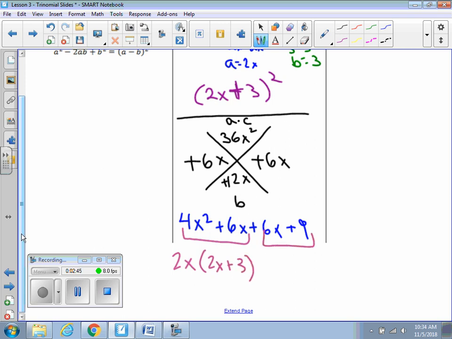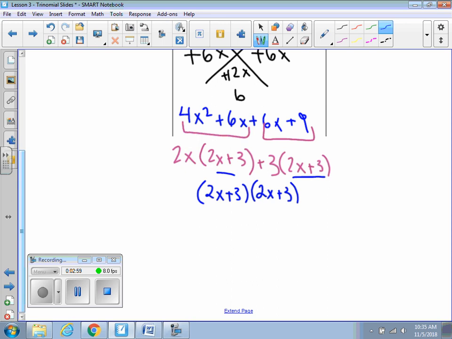My second two terms have a GCF of 3, leaving me with 2x plus 3. Notice you have 2x plus 3 and 2x plus 3, so that comes out with a 2x plus 3. Okay, that's the exact same factor. So you have 2x plus 3 whole quantity squared, which is exactly what we got with our PST formula.